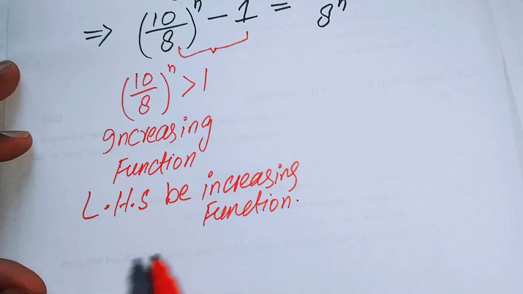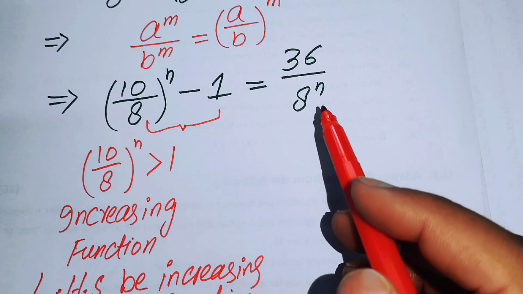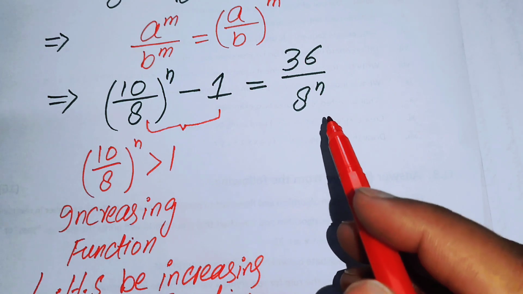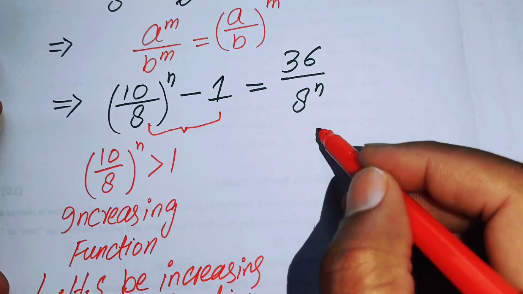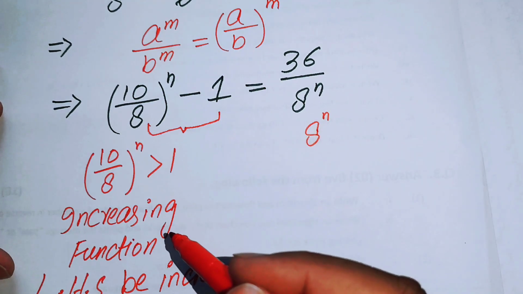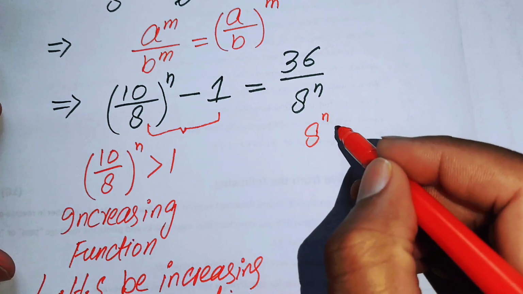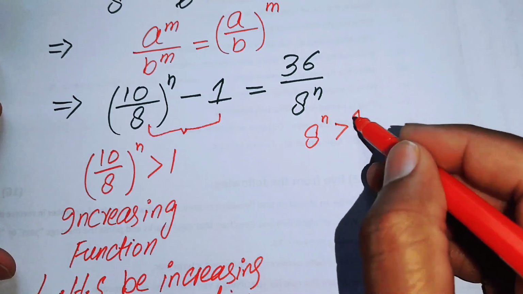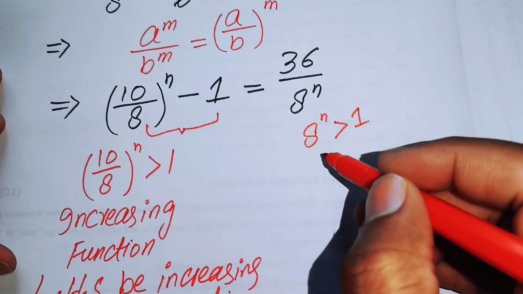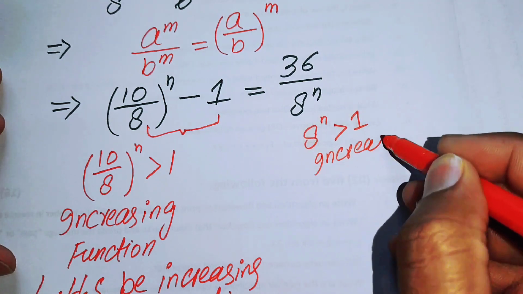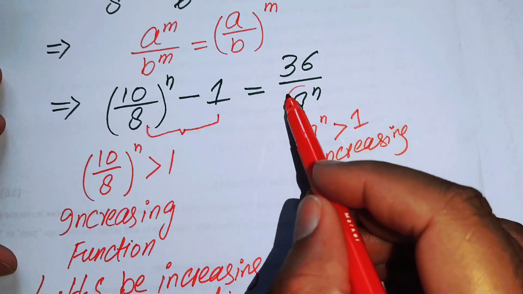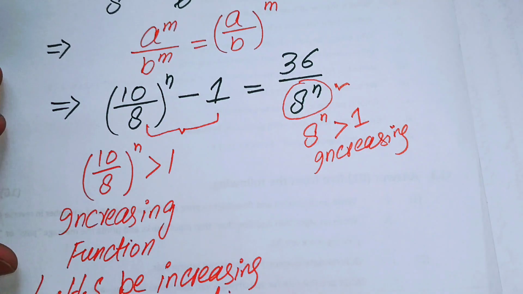Now focus on the right hand side, where we have 8 to the power of n. You know about this exponential function: it always gives a positive value, and since the base 8 is greater than 1, it is an increasing function. This means that our denominator is an increasing function.